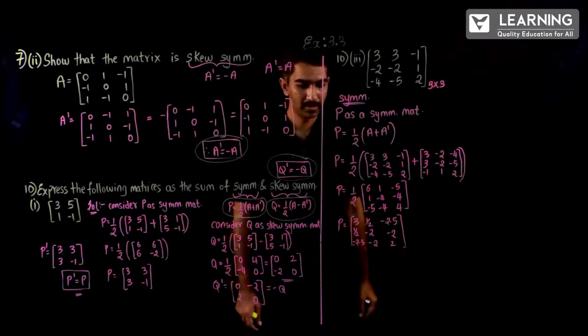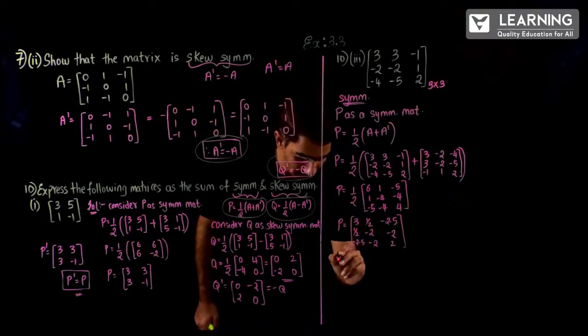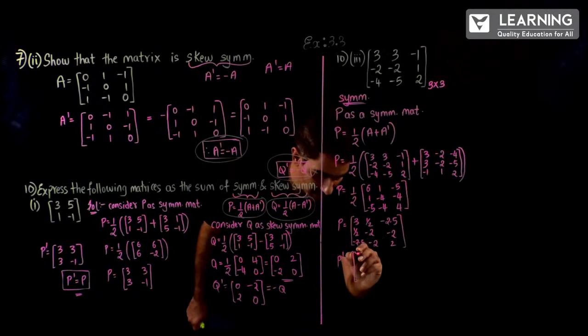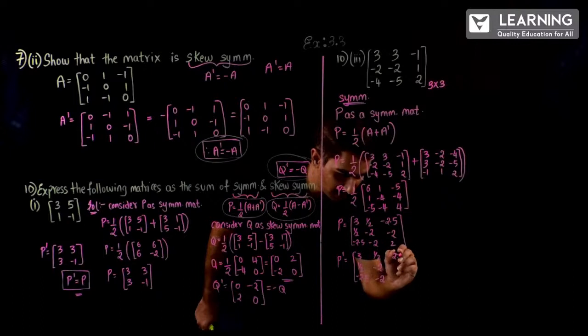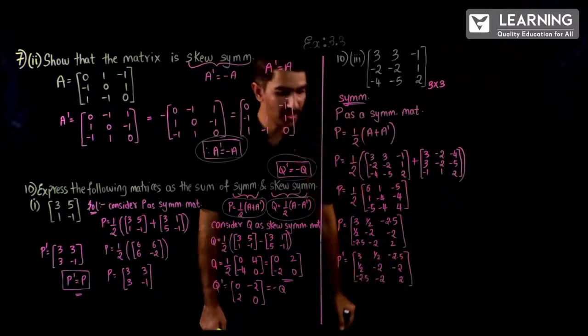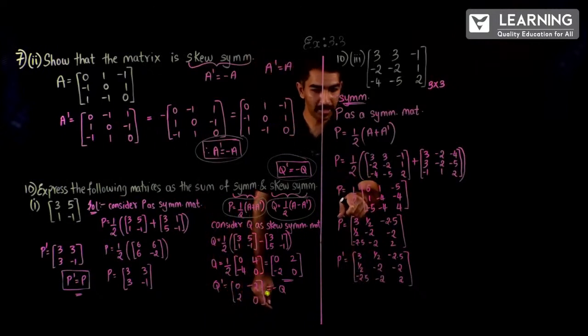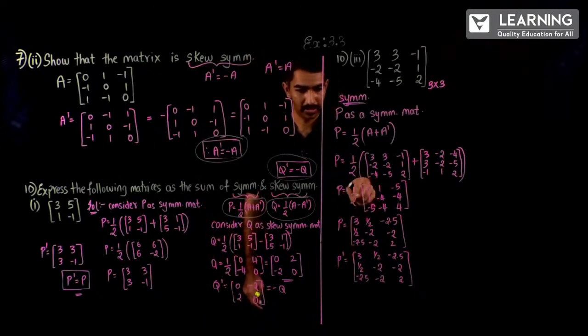This is P. What is P dash, students? P dash equals transpose of this. So that is nothing but 3, 1 by 2, minus 2.5, 1 by 2, minus 2, minus 2, minus 2.5, minus 2, 2. What can we see here? Is P equal to P dash? Yes.